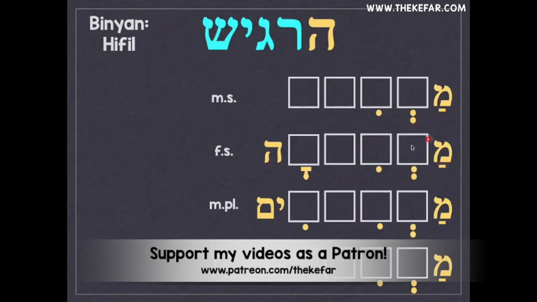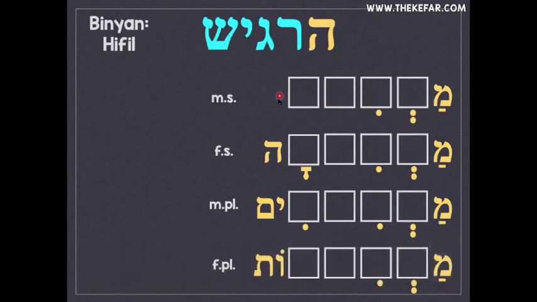Okay, so we're just adding an a sound to our original margish. So a-e is your sound pattern. Margish, margisha, and then masculine plural and feminine plural, you can probably do in your sleep. The masculine plural, you're just taking the margish and you're adding our im ending to it. And for feminine plural, again, taking the margish and adding the ot, feminine plural ending to it.